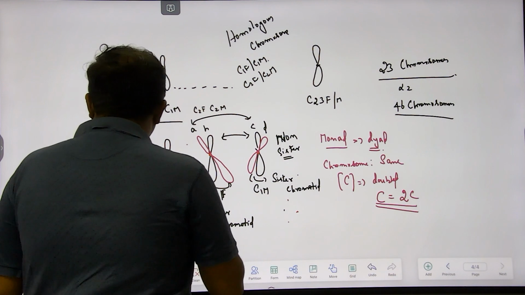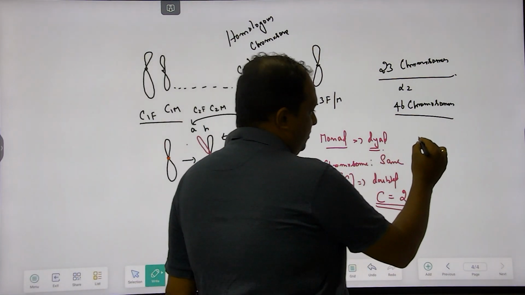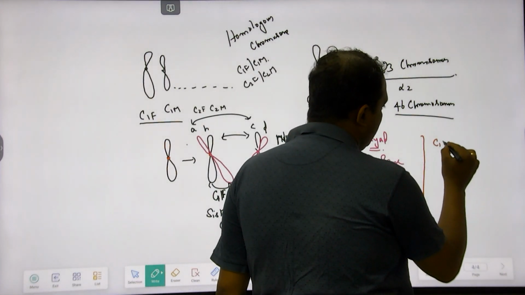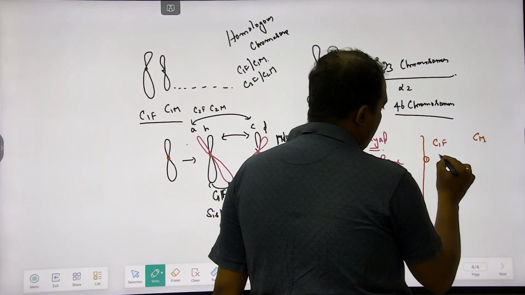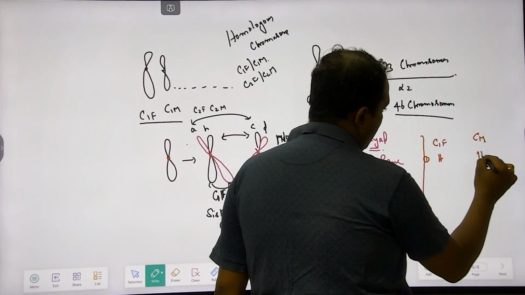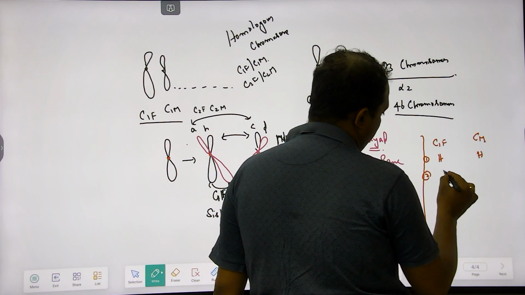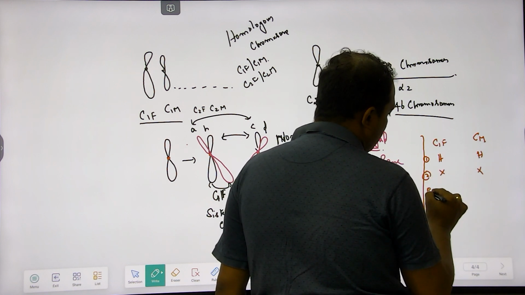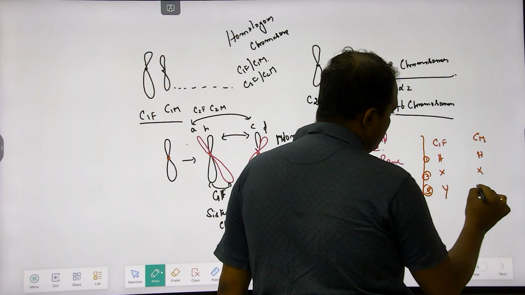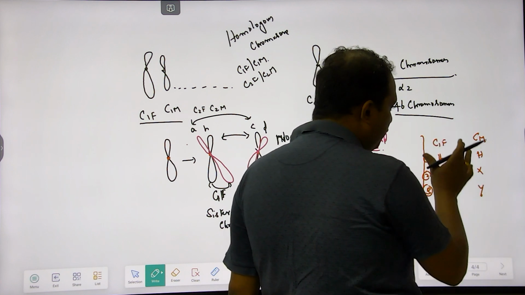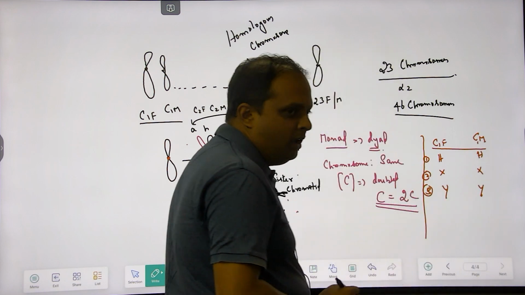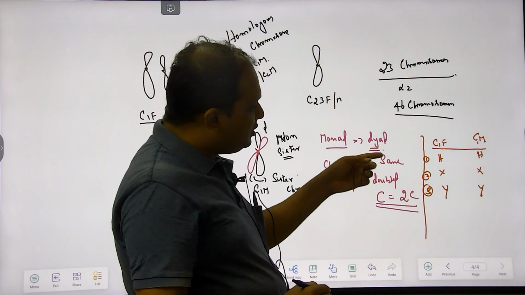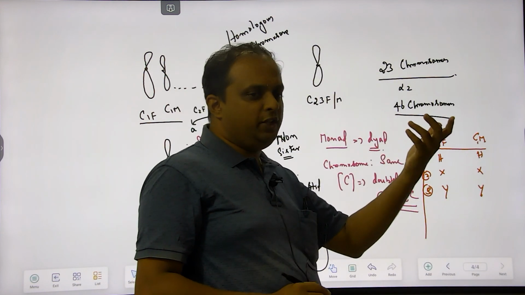Now let's say I'm writing here, C1F, C1M. The first gene is going to be height. Here also it is going to be height. The second gene is going to be some X gene, here also X gene. The third gene is going to be a Y gene, also Y gene here, because the gene profile of both homologous chromosomes C1F and C1M is going to be the same. And whatever gene you see in C1 will be different in C2.